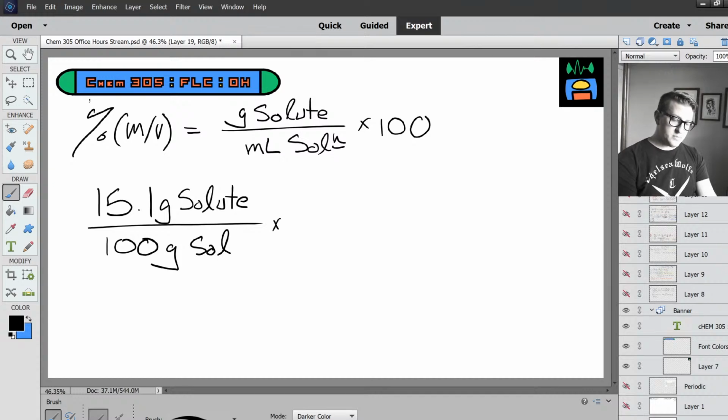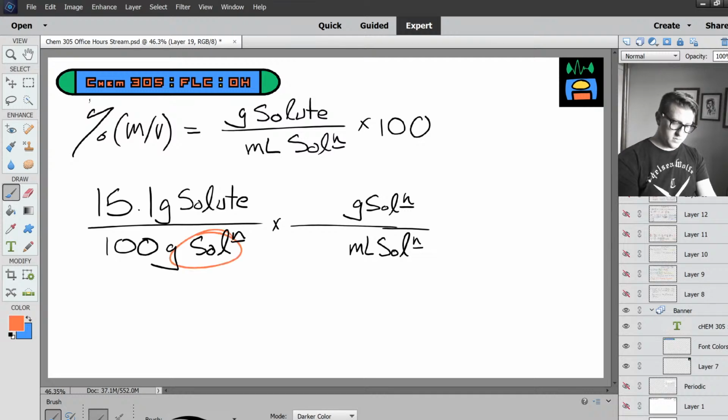What we need is some sort of conversion factor that will cancel the mass of the solution and leave us with milliliters of solution. Right? If only such a thing were possible. The cool thing is it is. This is what our density is. Our density, which we're given earlier, is 1.128 grams per milliliter. So that's 1.128 grams over 1 milliliter.